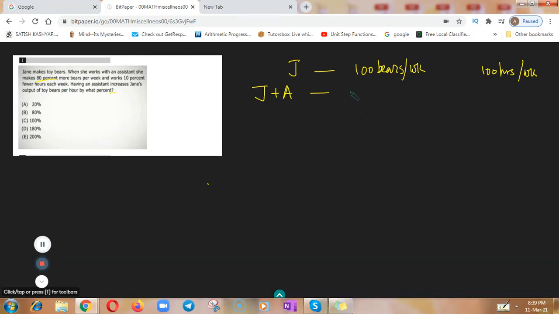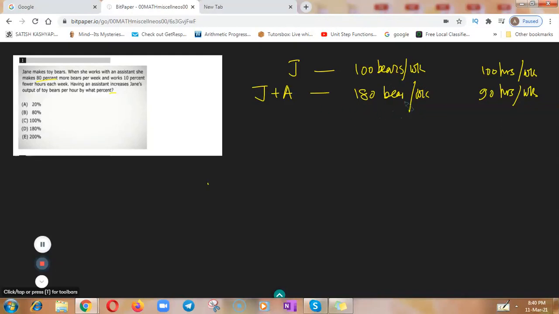That means 80% of 100 will be added to 100, so it will become 180 beers per week. Whereas the number of hours that she puts in is just reduced by 10%. So 10% you have to reduce from 100, so it will become 90 hours per week.